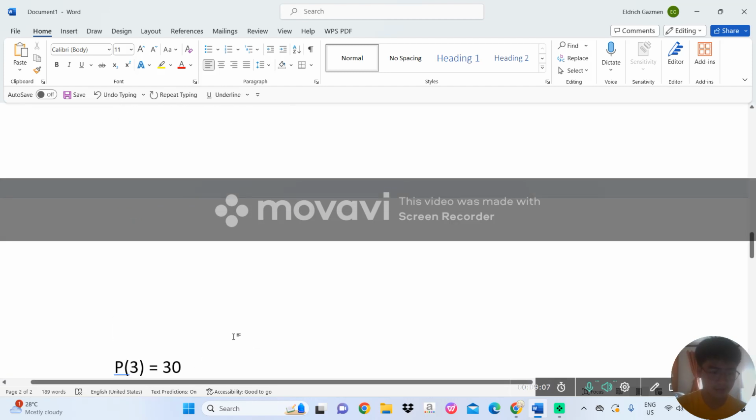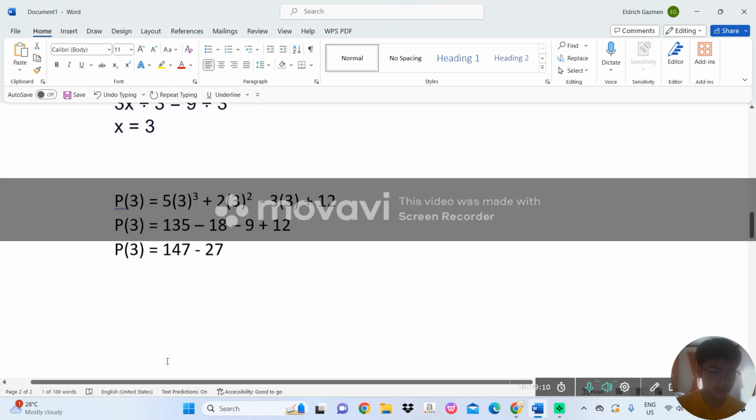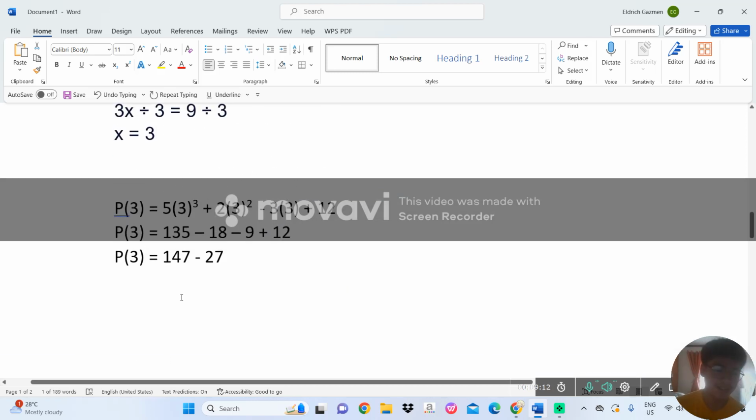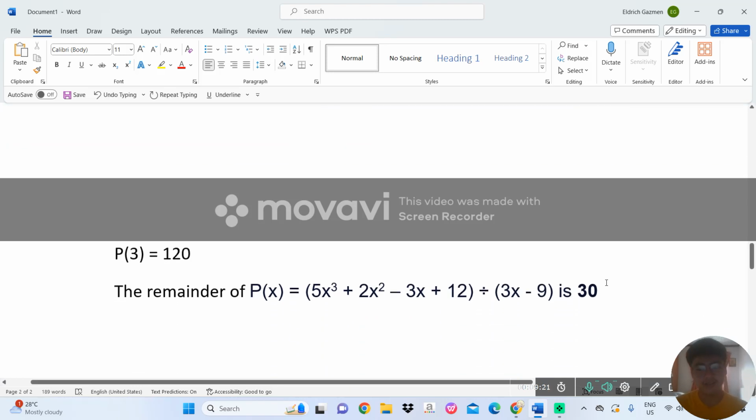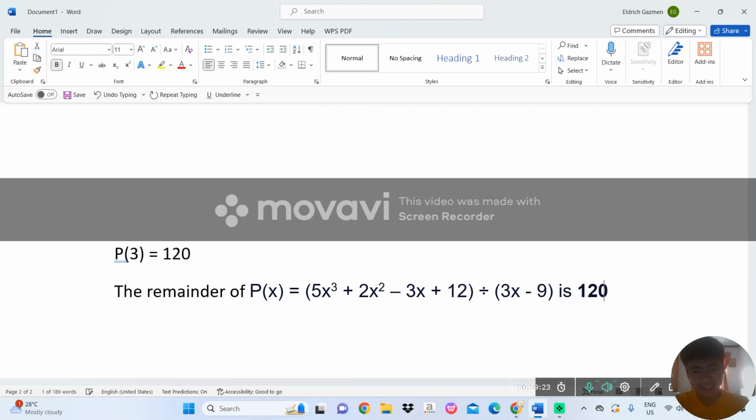So 147 minus 27 is 120. So the remainder of our polynomial function 5x cubed plus 2x squared minus 3x plus 12 divided by 3x minus 9 is 120.